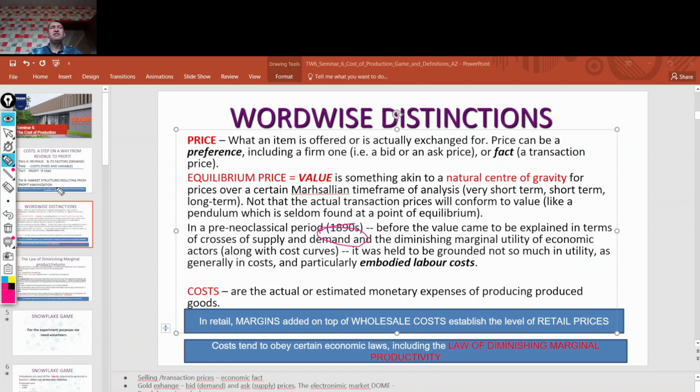But these days, yes, we say that maybe labor cost is a contributing factor to costs and supply is determined by costs. But of course, for us, remember the analogy of Marshallian scissors, right? The scissors, two blades are cutting. So for us, the equilibrium price, the value is determined by two blades of the scissors, right?